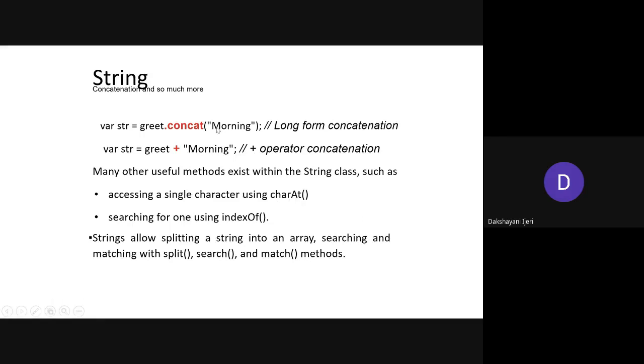For example, if you consider only "morning" as a string here, and I pass 2 as a value to this method, it will give you 0, 1 and 2, so "r" as the result. So charAt of 2 with this string is going to give you the result "r". I hope you know that even strings are stored with a specific index value, beginning with 0 to n minus 1, isn't it?